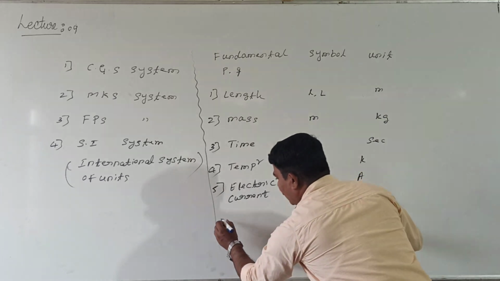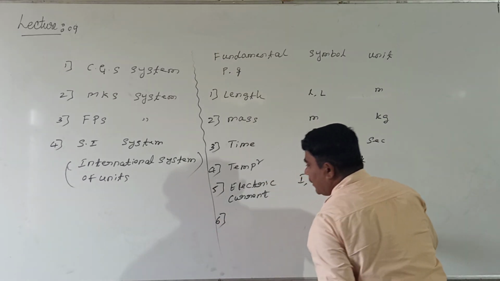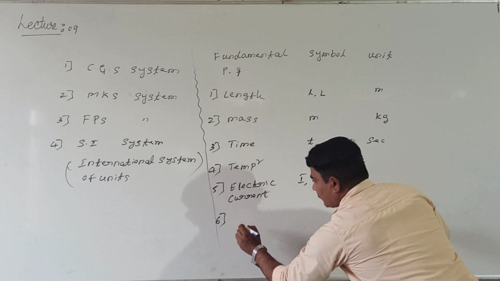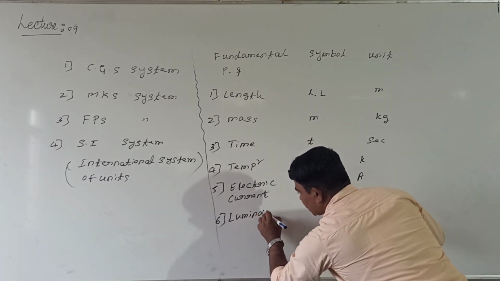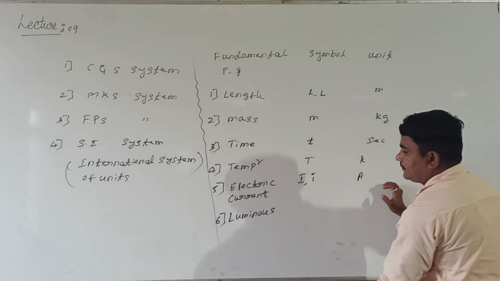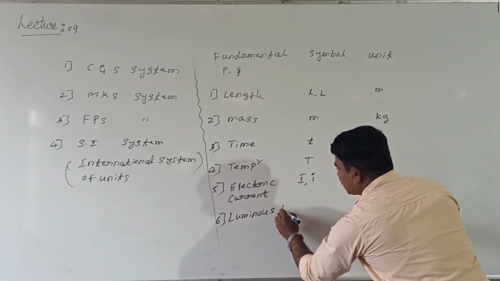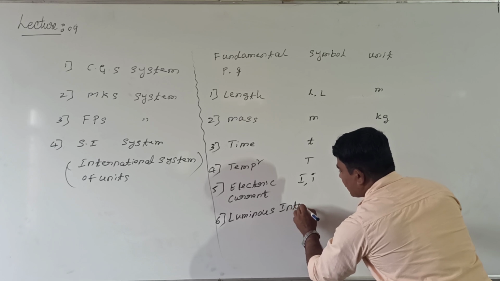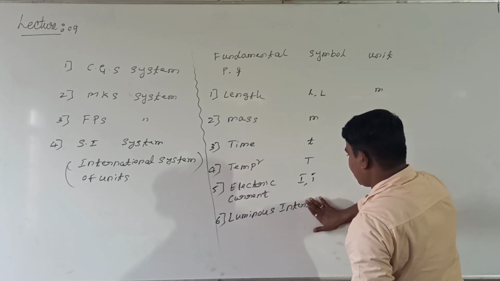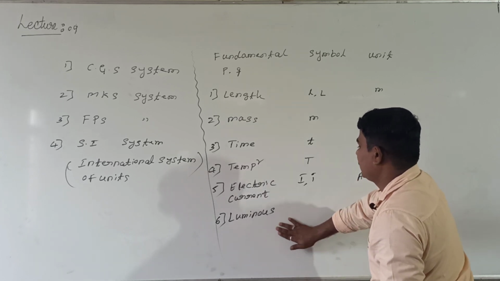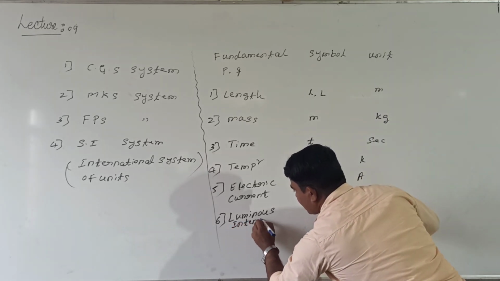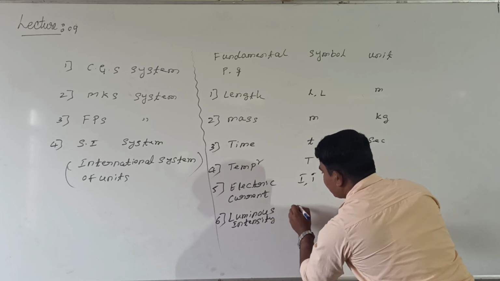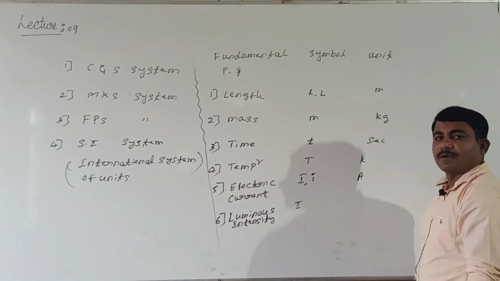right? Sixth one is luminous intensity. Symbol is I, right?